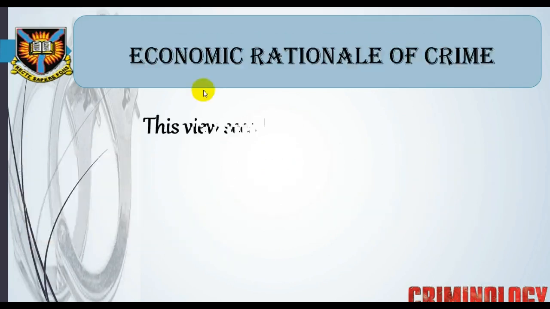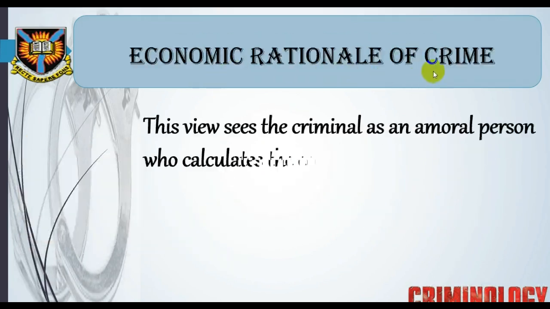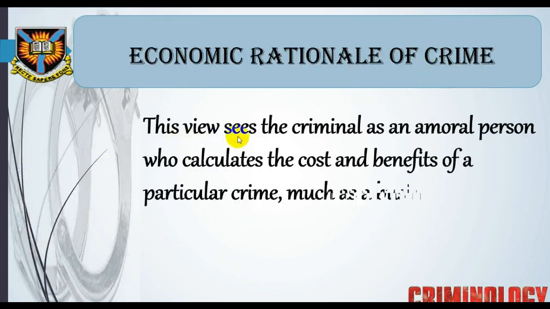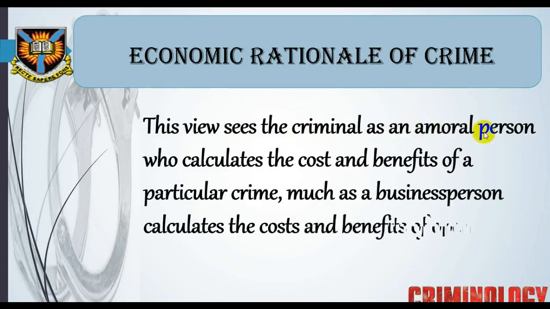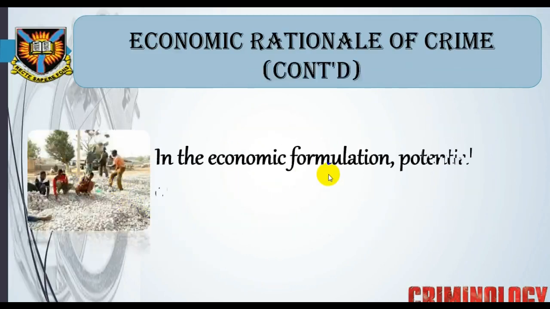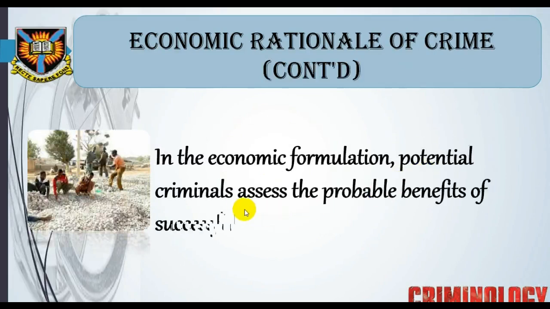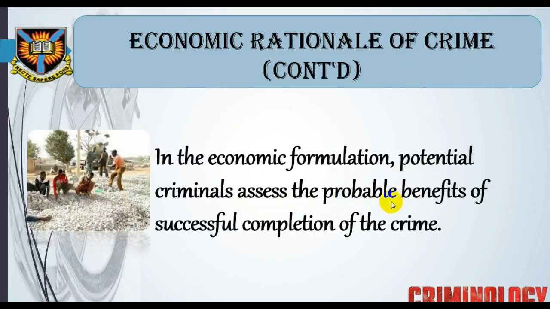7. Economic rationale of crime. This view sees the criminal as an amoral person who calculates the costs and benefits of a particular crime, much as a business person calculates the costs and benefits of opening a new store. In the economic formulation, potential criminals assess the probable benefits of successful completion of the crime.